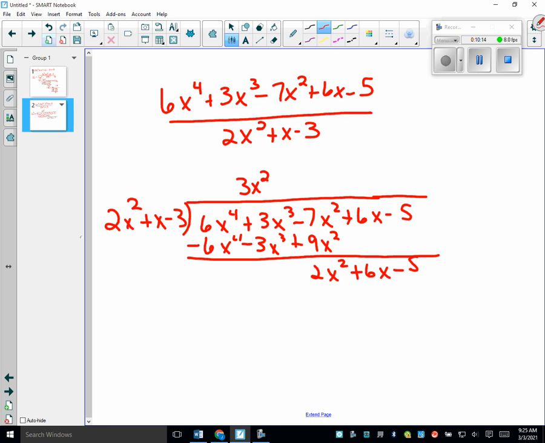What am I going to multiply 2x squared by to get to 2x squared? 1. Plus 1, right? So I have a negative 3 at 2x squared. Change the signs. So I have 5x minus 2. Do you agree?